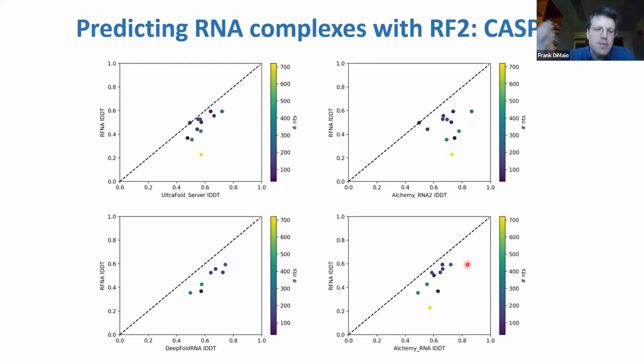It searches different databases, but the big ones are the NT database and the RNA Central database, and builds the alignment. It follows what we're doing for proteins, where we do more and more permissive searches until we get an effective number of sequences.